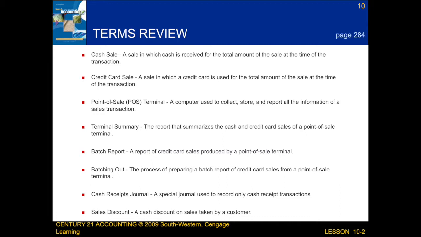Batching out is the process of preparing a batch report of credit card sales from a point of sale terminal. A cash receipts journal is a special journal used to record only cash receipt transactions. And a sales discount is a cash discount on sales taken by a customer.